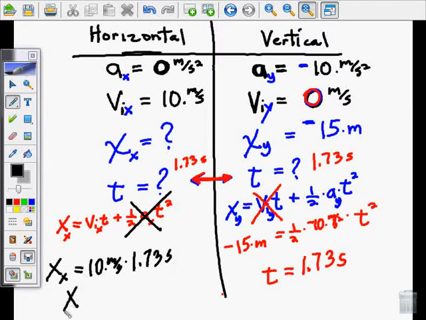So we know now exactly how far forward that sucker's going to go, and it's going to be 17.3 meters, and if you round it to 2 sig figs, it would be 17 meters.